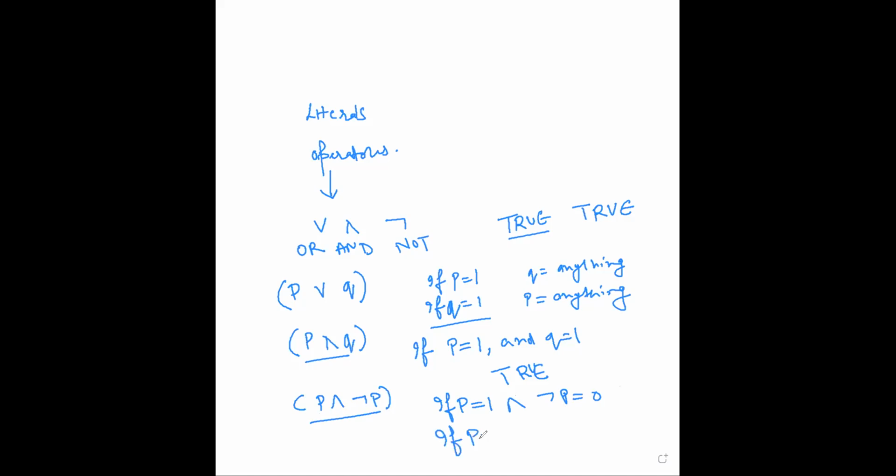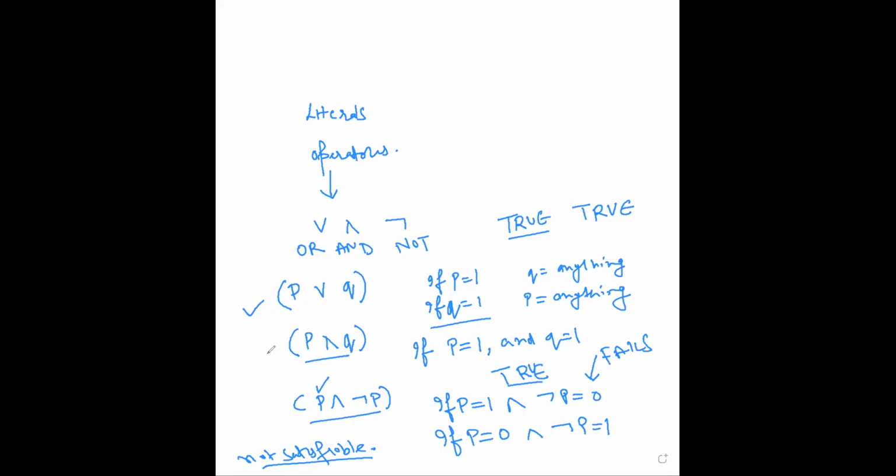If P is equal to 0, then not P becomes 1, and applying and is also not going to return true. The final outcome will be false, which means it is not satisfiable. Why? Because for any value of P, I am not able to get true.